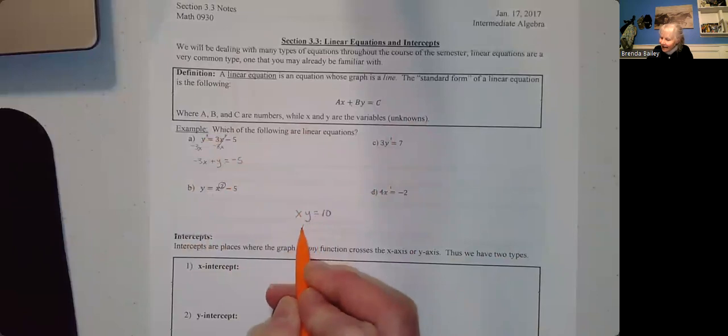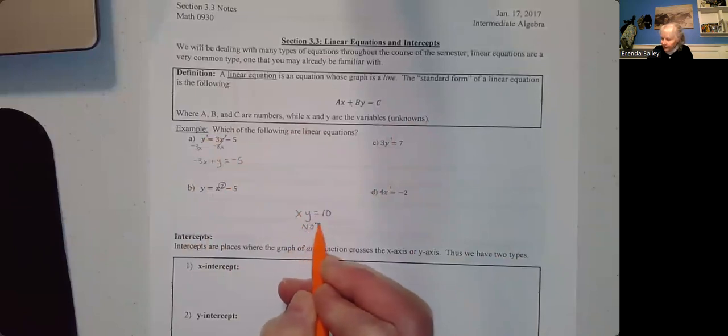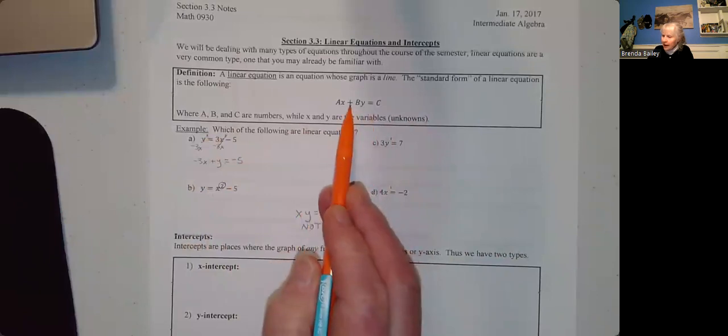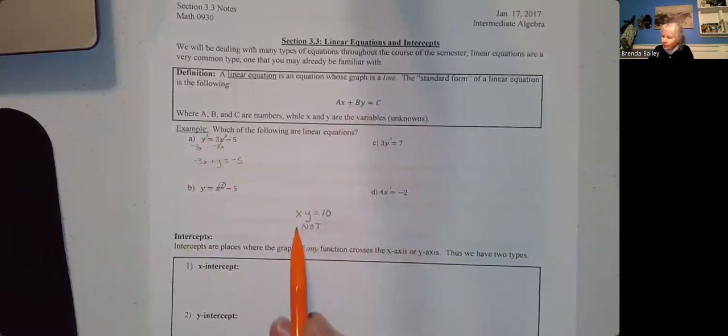This is not linear. Even though they're to the first power, they're not being added or subtracted. When they're multiplied, this is not going to form a straight line when you graph the solutions. Okay. All right, so now we're going to kind of skip here.